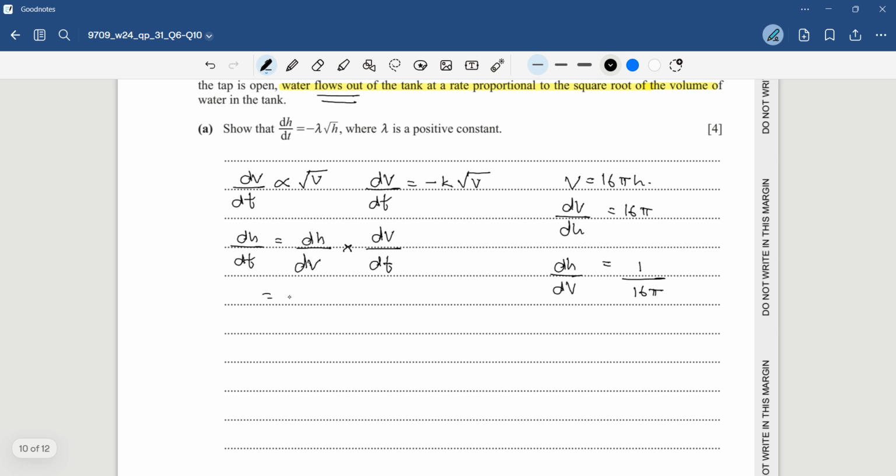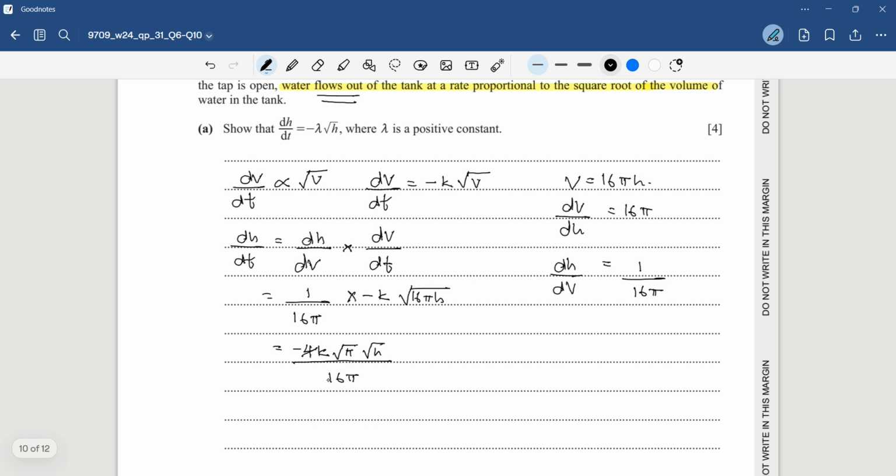That's equal to 1 over 16π multiplied with negative k√V, and V is 16πh. I can rewrite this as negative 4k√π√h over 16π.